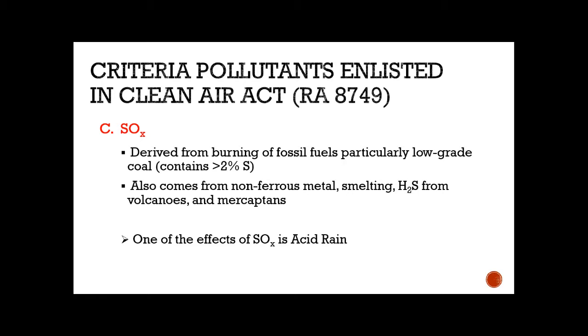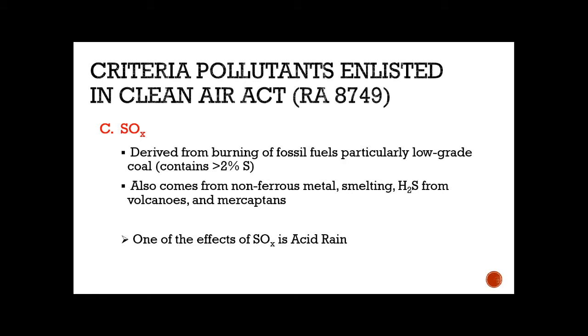Now, if it's a low-grade coal, which is abundant in nature, you would have more than 2% sulfur. Therefore, when you burn this coal containing sulfur, you will be producing SOx. It can also come from non-ferrous metal smelting, H2S from volcanoes, and you may also have it from mercaptans.